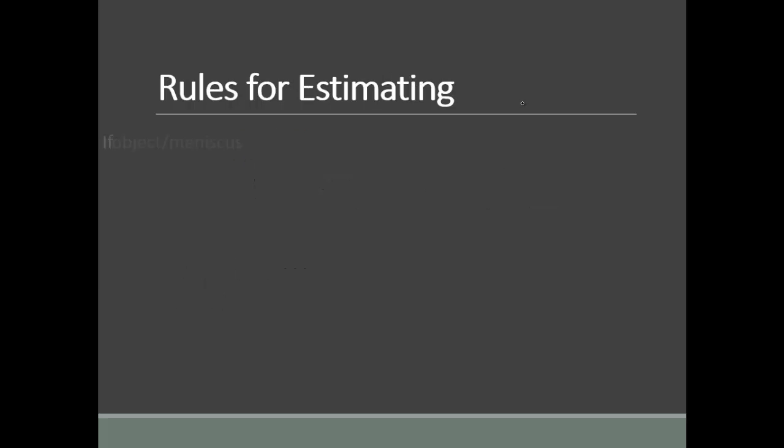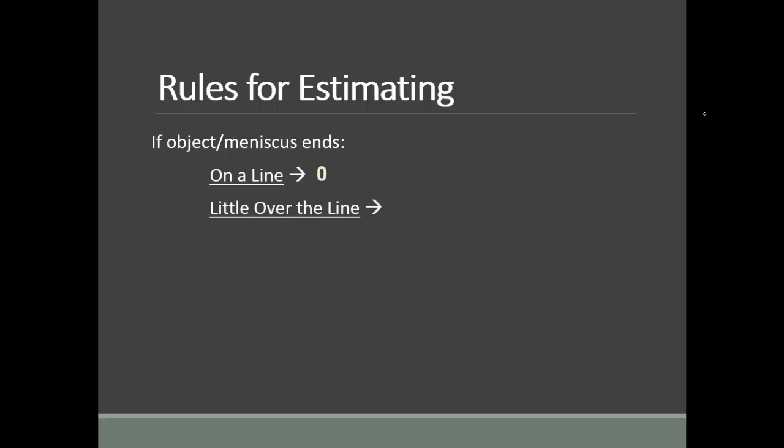So, rules for estimating. If our object or our meniscus ends directly on the line, we are going to use a 0 in that last number. If our object or meniscus ends just a little over the line, we are going to use a 2 or a 3. So how do we decide the difference?